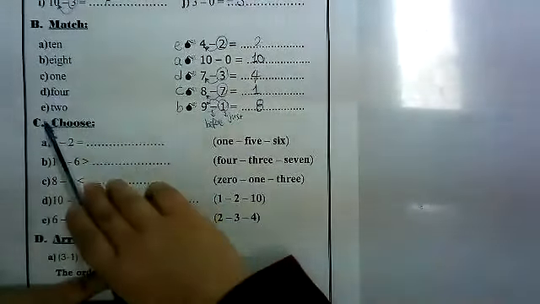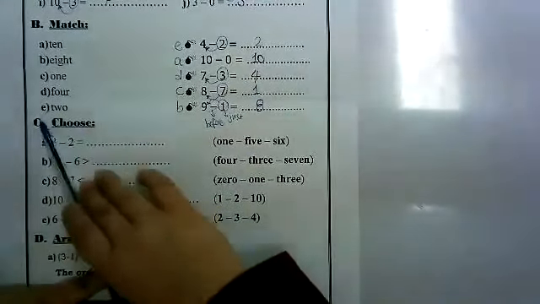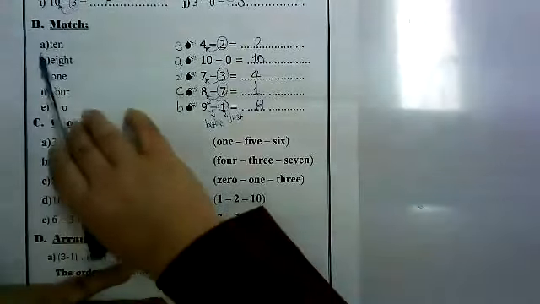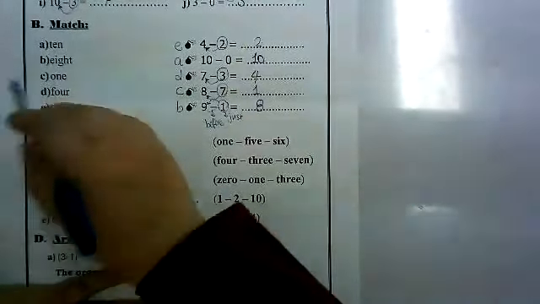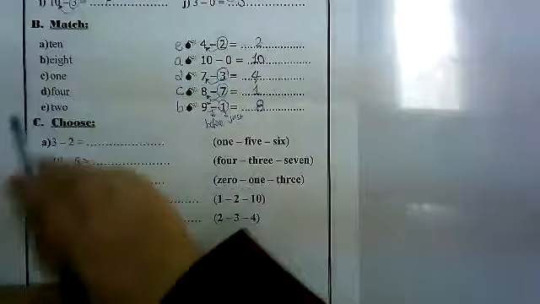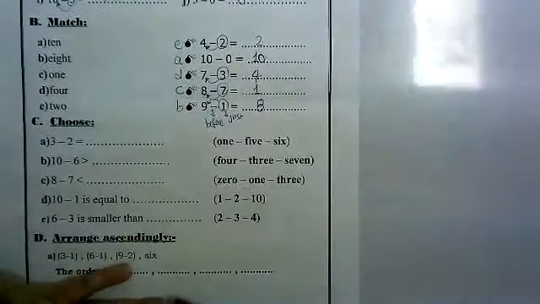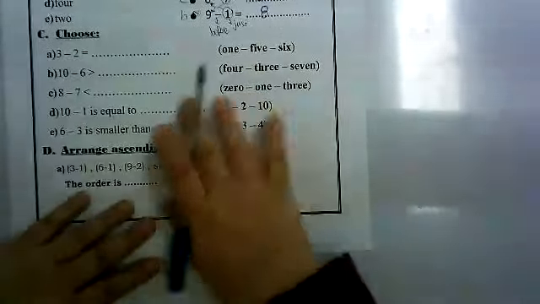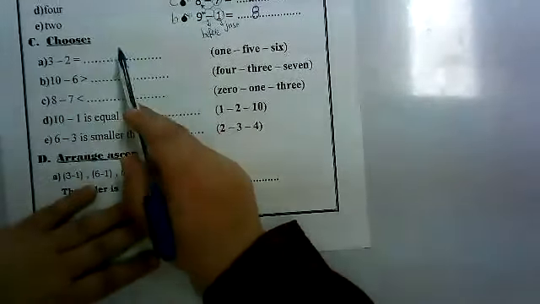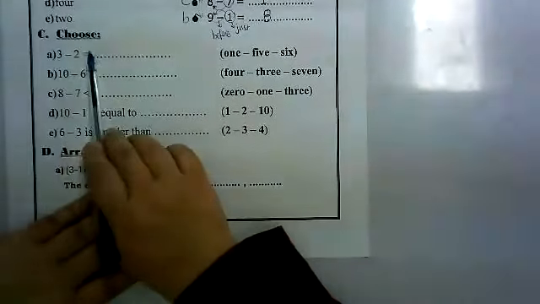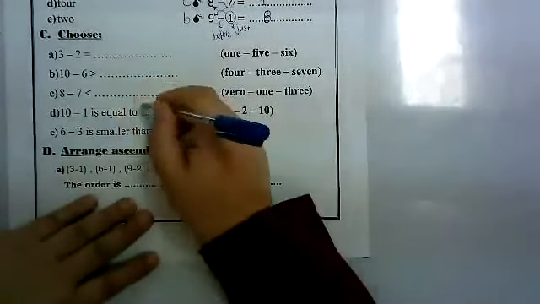Just write the letters or the numbers of the questions, as we always do. Next, 3, choose question. In the choose question, please don't write on the dots.